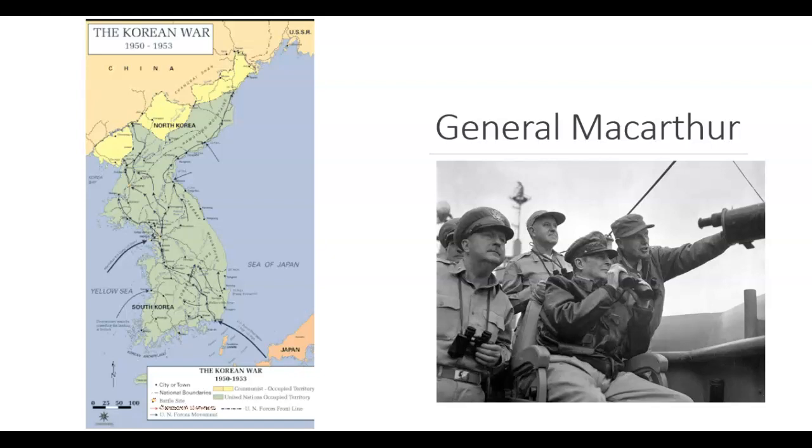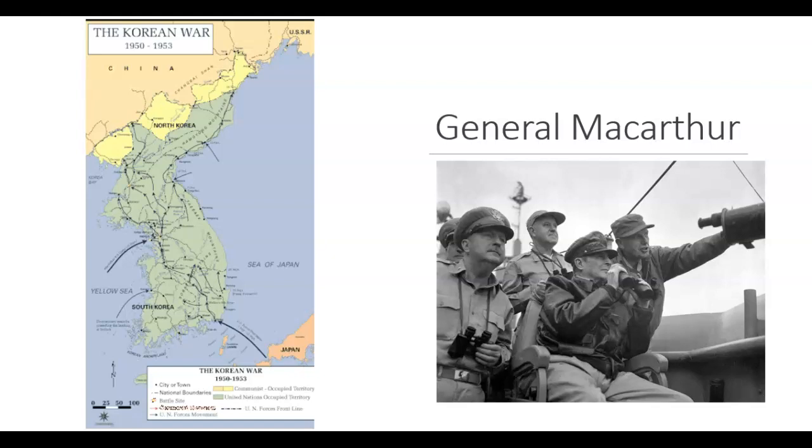The United States was faced with the decision of whether to invade North Korea and seek to unify the country. Transforming the military objective from containment to elimination of the enemy and unification of Korea enjoyed popular and official support. With UN approval, US forces moved beyond the 38th parallel.